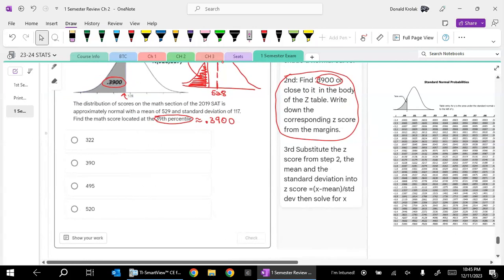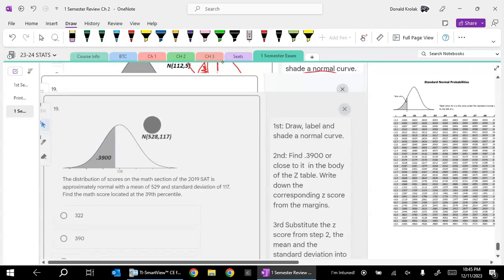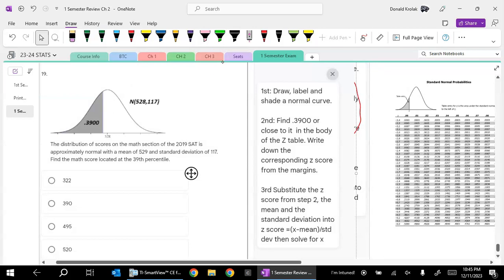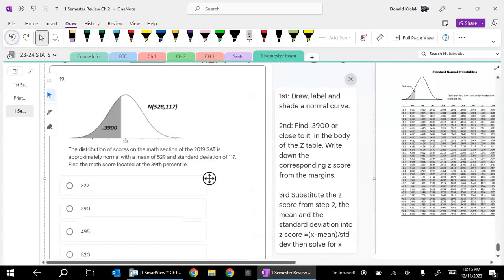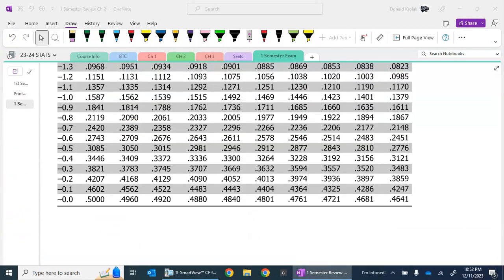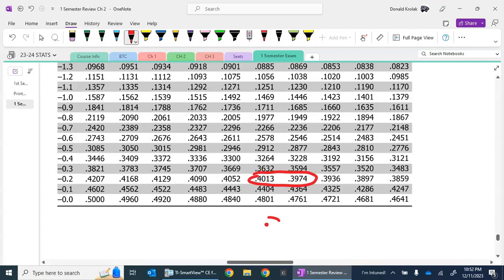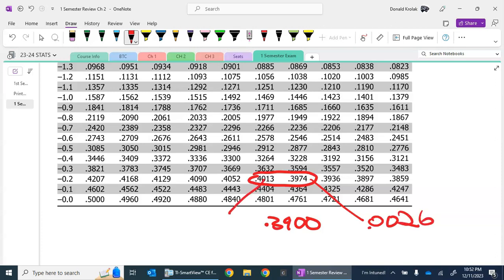All right, so this is to the left of the mean. All right, so the closest to 0.3900 are these two. And the one that's closest, this one right here, this is 0.026 away from that, and this one is 0.0013.